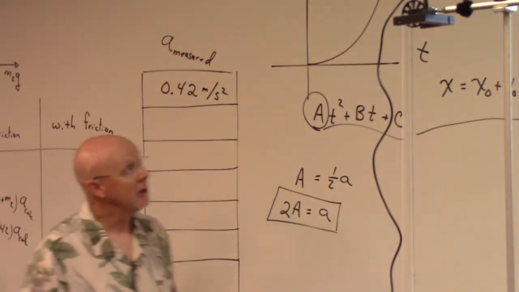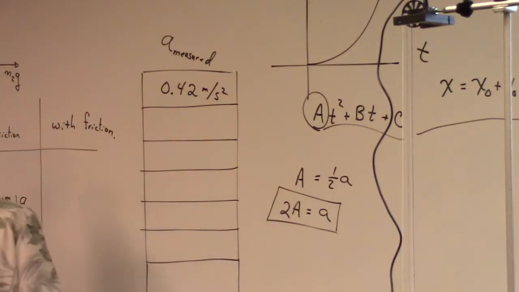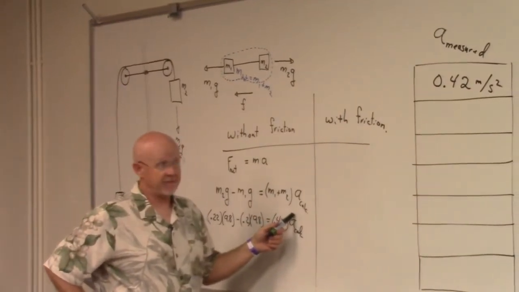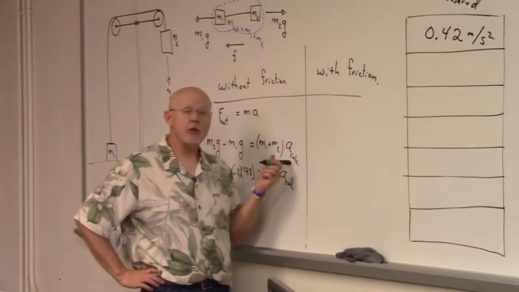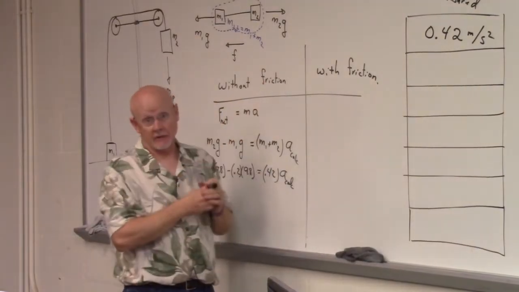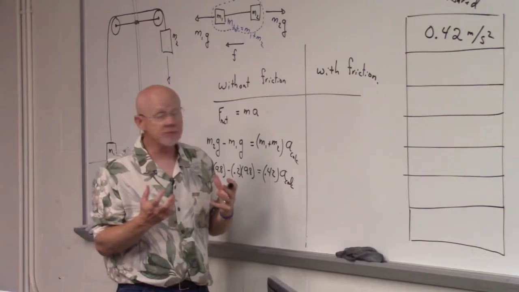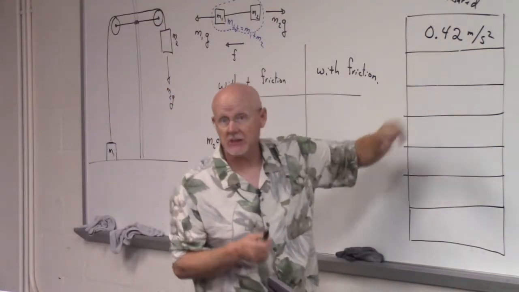Now, I'm going to remind you that you should have done this calculation already before I did the experiment, and I'm hoping you got an acceleration that was a little bit bigger than that. If memory serves me right, you should get a calculation that's about 0.46.